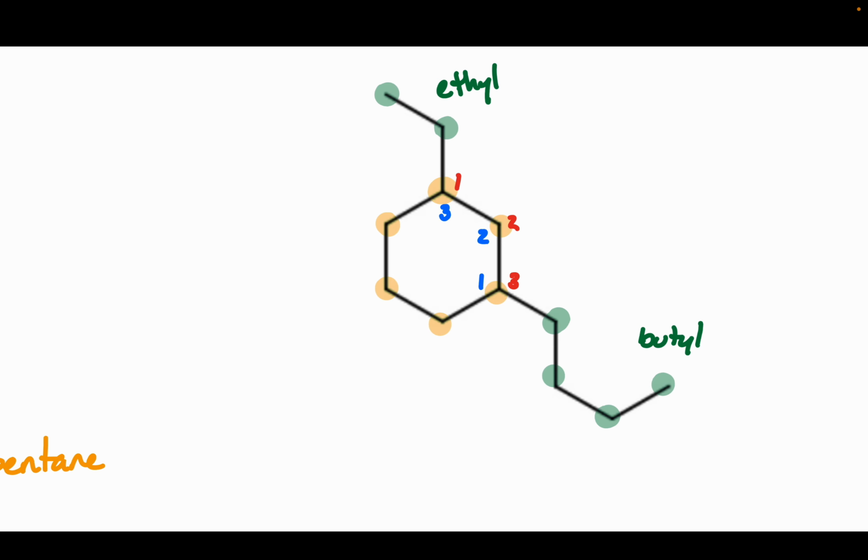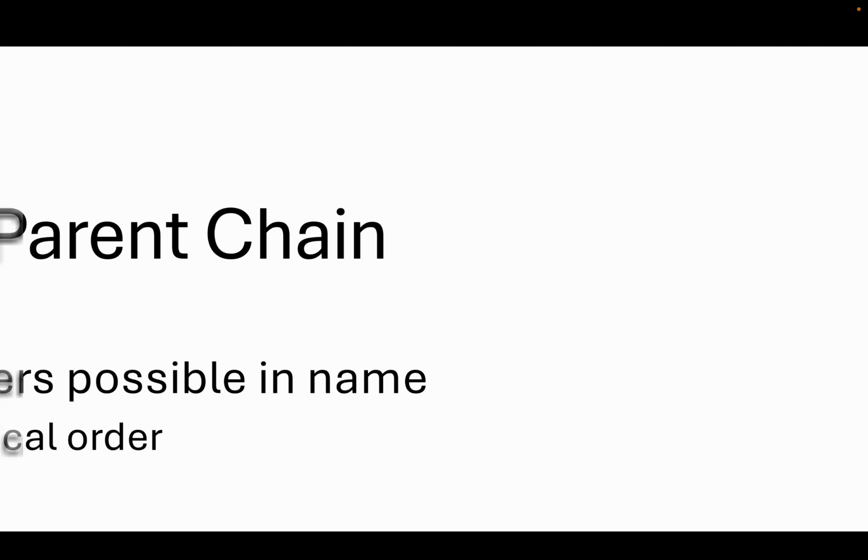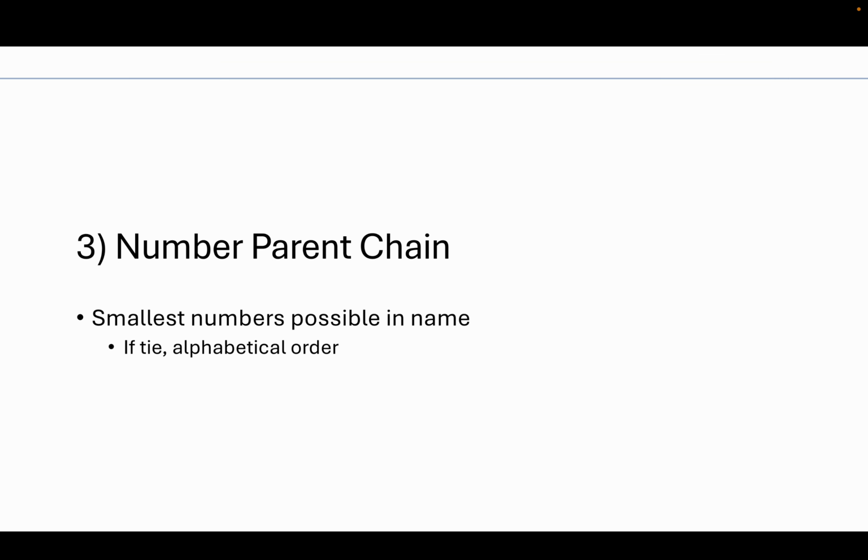Well, if we look at our 2 numbering schemes, the red numbering scheme is a 1 and a 3, and the blue numbering scheme is a 1 and a 3. So that's a tie. And how do we break our tie? Just as before, when we number our parent chain, if we have a tie, we default to alphabetical order to break that tie, right? It's the same rule as we applied before.